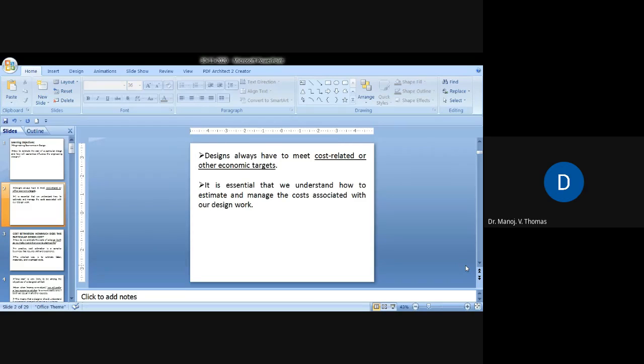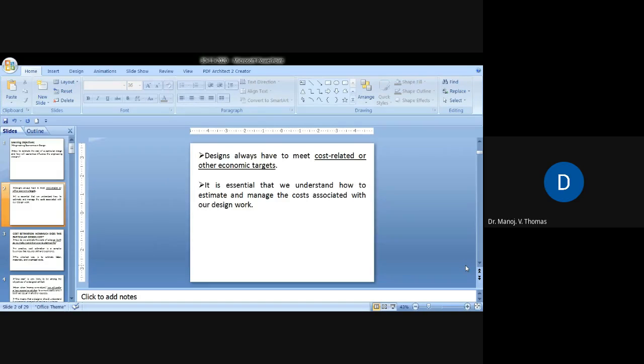In the sense, when we think of producing a mobile phone, for example, we would have some idea like this would be the size, the price of the product, and because we are targeting such a section in society. Sometimes you may be targeting upper class people, sometimes middle class, sometimes lower class people.